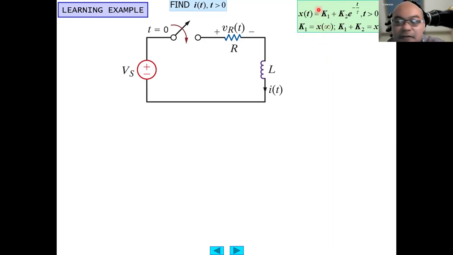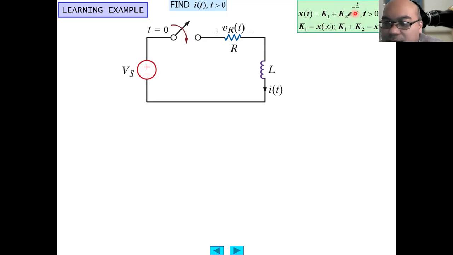For now, for this electrical engineering, it's better we just memorize the basic form of the solution for the first order differential equation. Xt equals K1, the steady state solution constant, because when T approaches infinity, this term becomes 0. K1 plus K2 exponent minus T over tau.